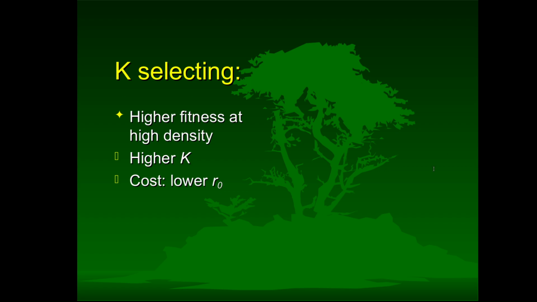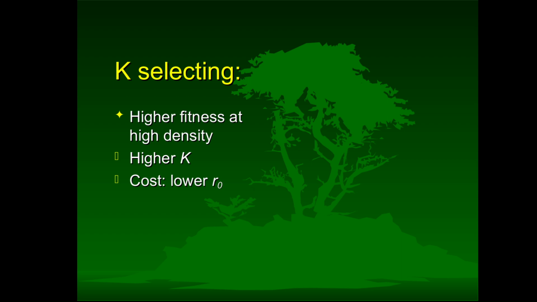So if there's variation in and heritability of competitive ability, then the population will evolve towards more efficient harvesting of resources, better competitive ability, and therefore more individuals will be able to coexist together.